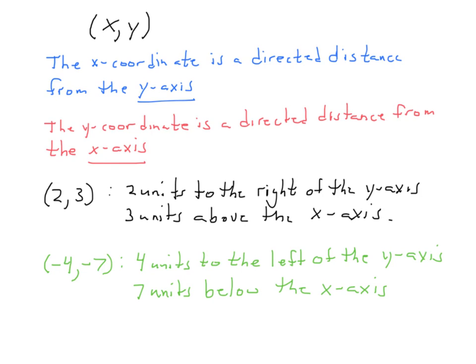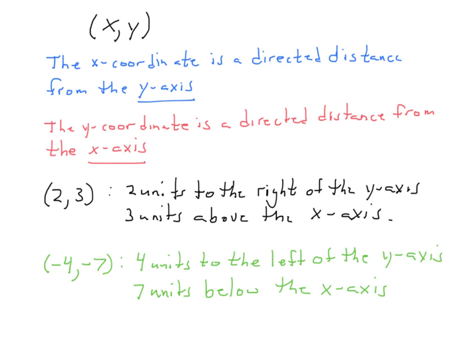Now that's going to be key for the transformations, because all the transformations are going to be changing these distances and altering the direction that we go. So you have to keep in mind in terms of the coordinates that not only does the 2, 3 have a location, but it's also giving you a directed distance. Same thing with -4, -7. The -4 here tells me that I had to go 4 units to the left of the y-axis to get to that point.